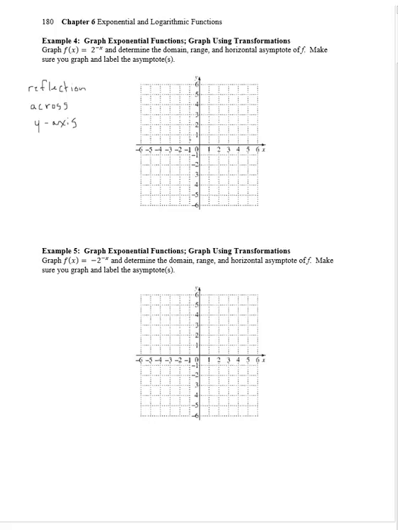So our point -1, 1/2 becomes 1, 1/2. 0, 1 is on the y-axis, so it stays on the y-axis. And our point 1, 2 becomes -1, 2. So our graph looks something like this.